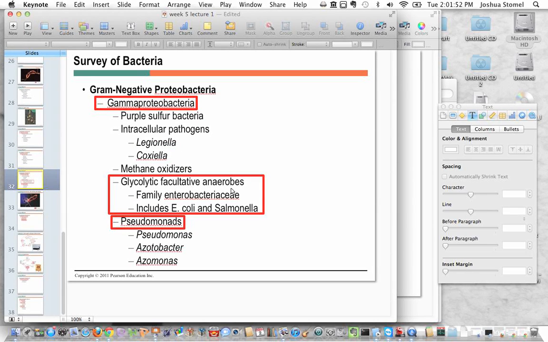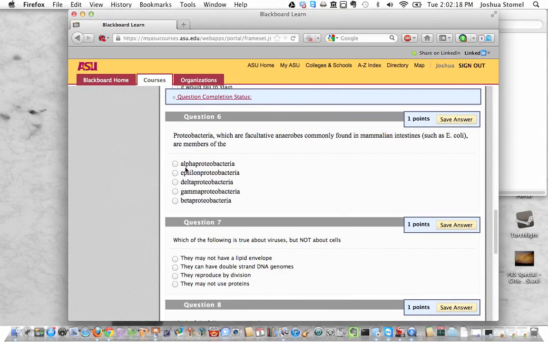Glycolytic facultative anaerobes, this is the first one that is mentioned, and you'll see Enterobacteriaceae, which is the family of bacteria that live in your intestines, and there's E. coli noted right there. So you look up here what this is in. This is gram-negative proteobacteria. This is gamma proteobacteria. You just have to know the lectures pretty well for that one and look it up.